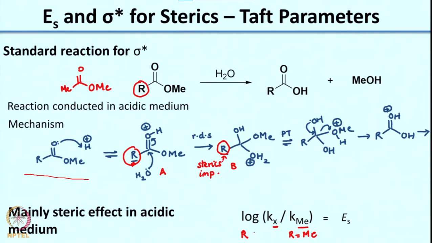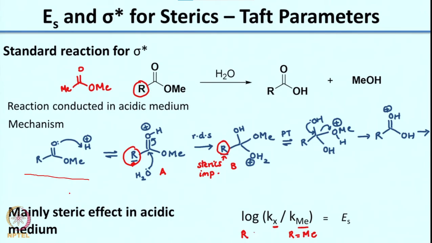This step is the slowest step, the rate determining step. After this, it will get tautomerized, and elimination of HOMe will take place to give the corresponding product. So proton transfer will take place to make it the best leaving group to give the product.